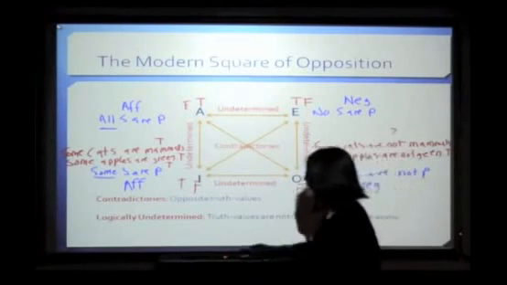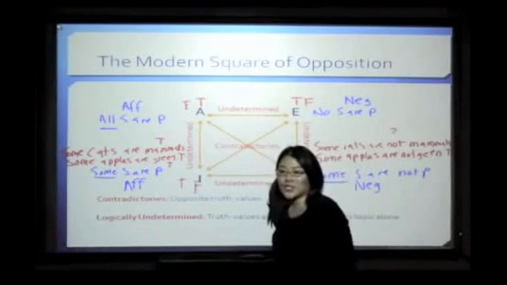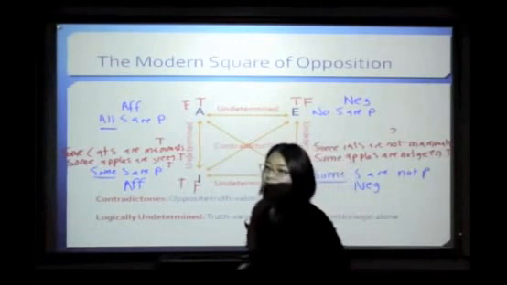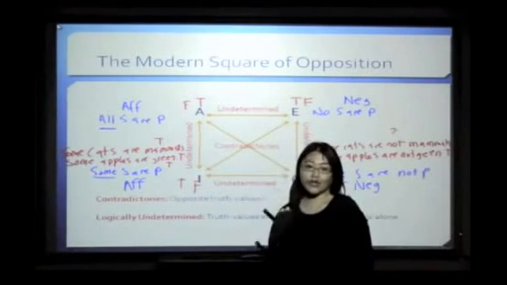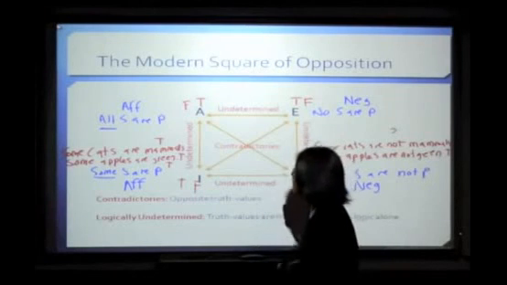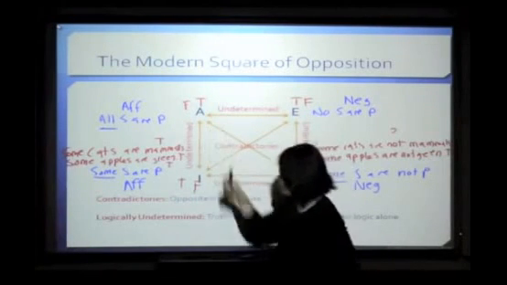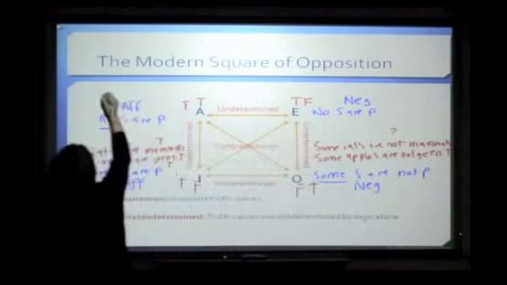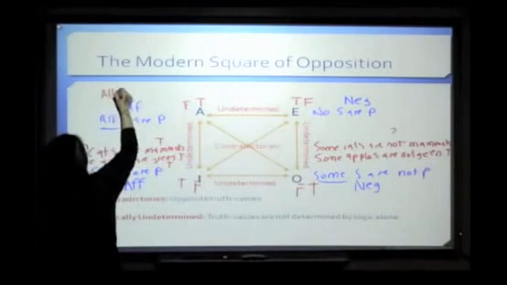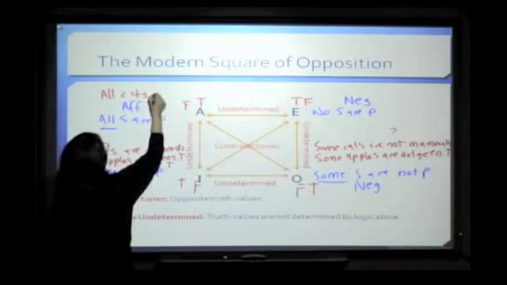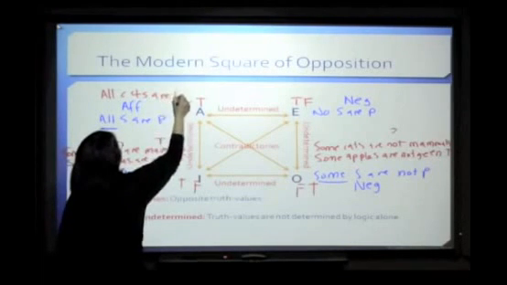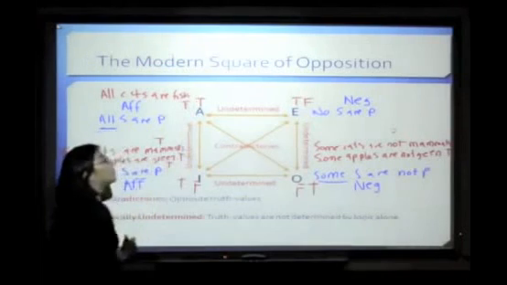One really great thing about the modern square of opposition is that it can help us figure out or give reasons for why statements are true or false. So for example, if you have the statement all cats are fish, okay?